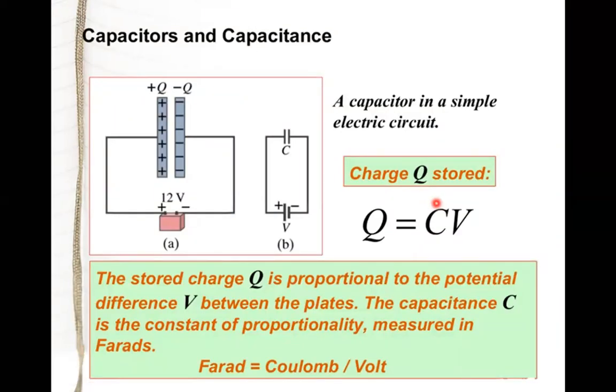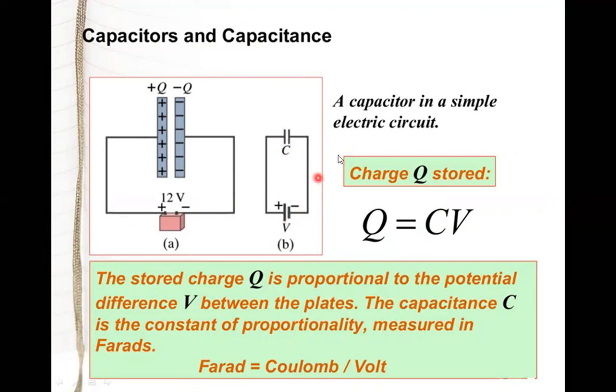Now just take one capacitor. These are the two plates of the capacitor and we have given an electromotive force of 12 volts. Then this left side plate will be positive and this one will be negative charge. So this is the symbol for capacitance, two equal parallel lines, and this is the voltage.